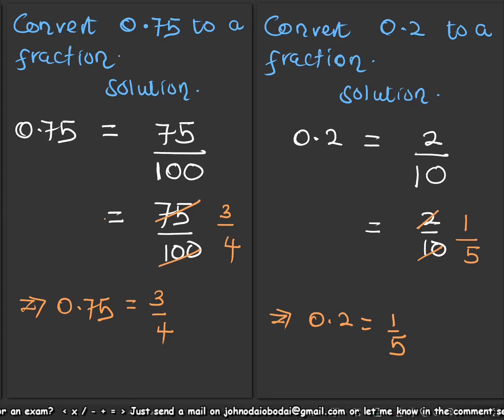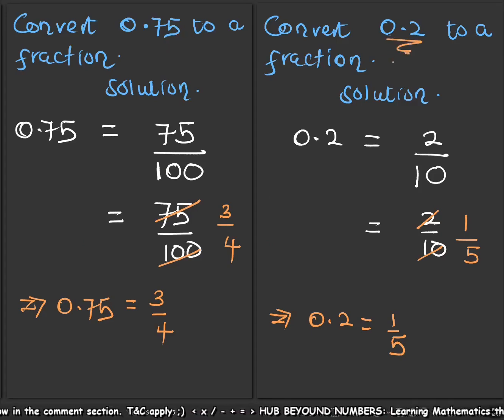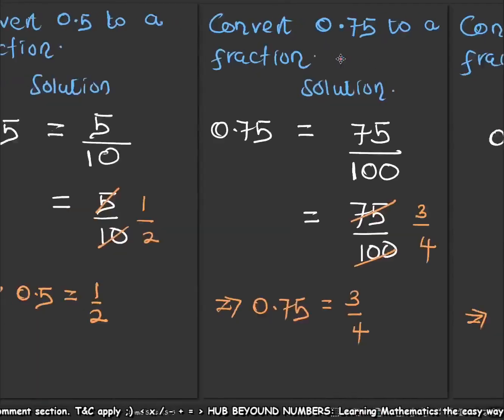Now there are important notes to take. The first one is that all the decimals we considered here are terminating decimals. When we say something terminates, it means it stops. So each of these decimals ended somewhere; they didn't continue.